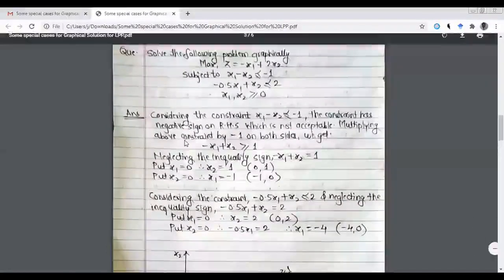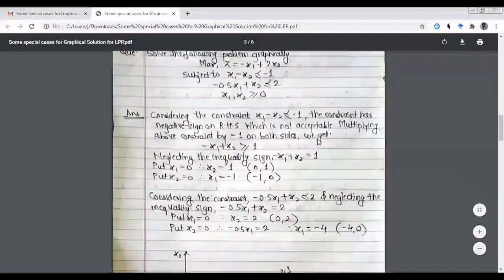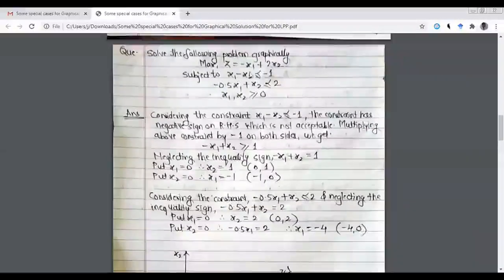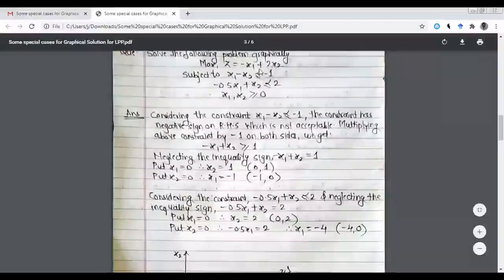So multiplying the above constraint by -1 on both these sides, what happens is that we get -x1 + x2. Now this inequality sign, which was earlier less than or equal to, will now change to greater than or equal to.